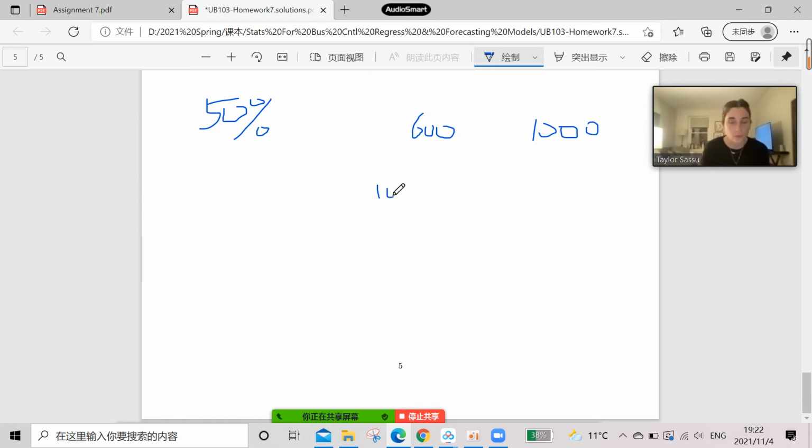If you remember, it's 1000 choose 600, materials you learn in the first few weeks, times 0.5, the probability of getting a head, to the power 600, times the probability of getting a tail, 0.5, to the power 400. Remember this formula? This will actually give you a p-value. This is your p-value.